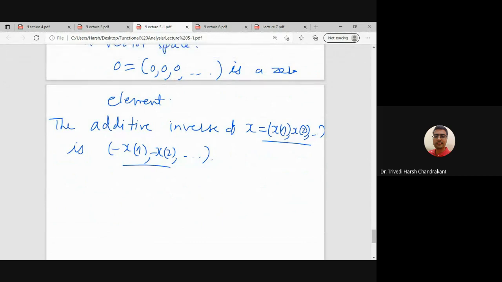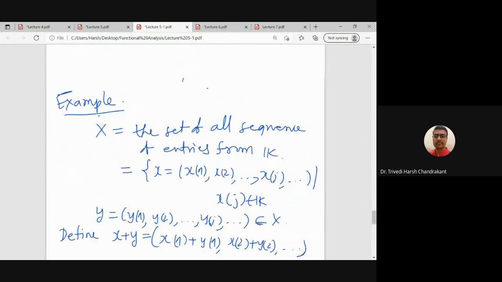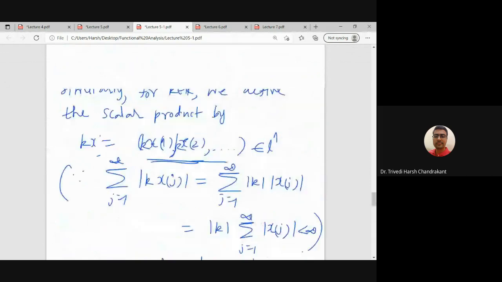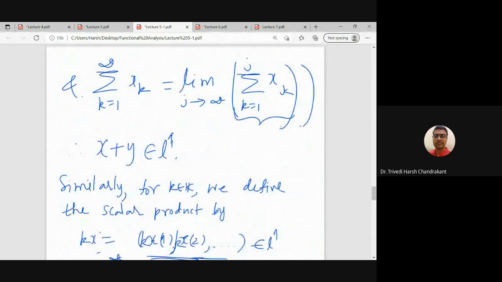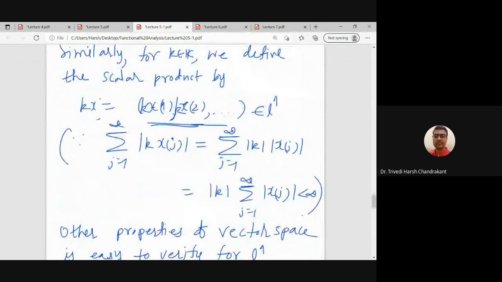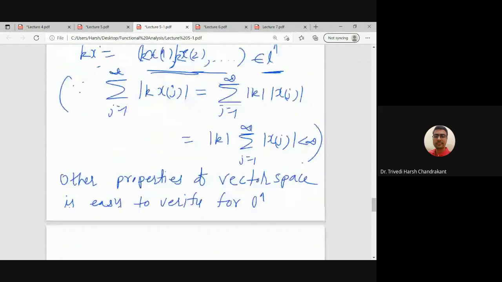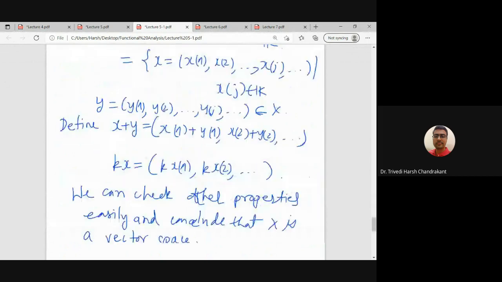Okay. So these are the operations, and as you have mentioned, we can see easily that this is a subspace. Essentially, we already checked that it is a subspace, because we take two elements of L1, and the sum is an element of L1, and it also preserves scalar multiplication. So it satisfies both properties of a subspace. So L1 is a subspace.